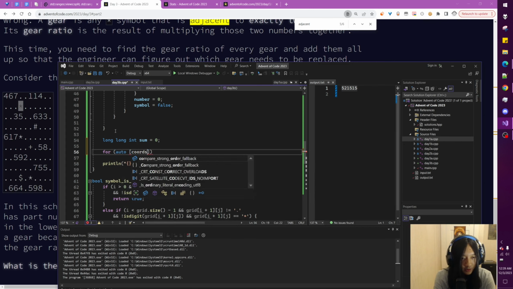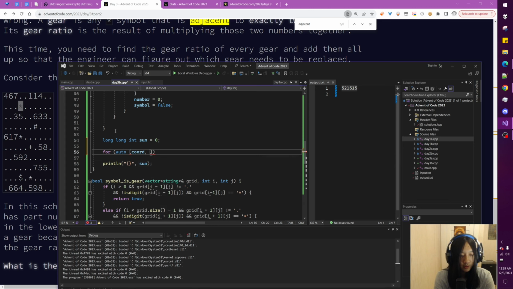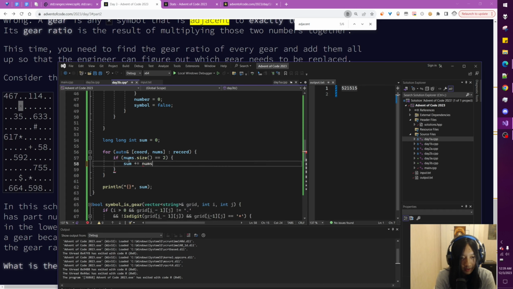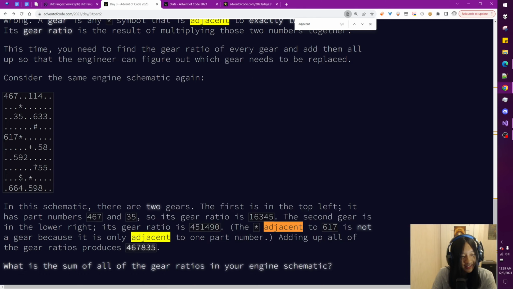For the coordinates and the vector of numbers we have inside of here, inside of record, if we have exactly two numbers, sum will be the one in the front. Well, actually, no. It's going to be the first one plus the second one. Not super convinced on that. That doesn't... Oh, actually they multiplied too.